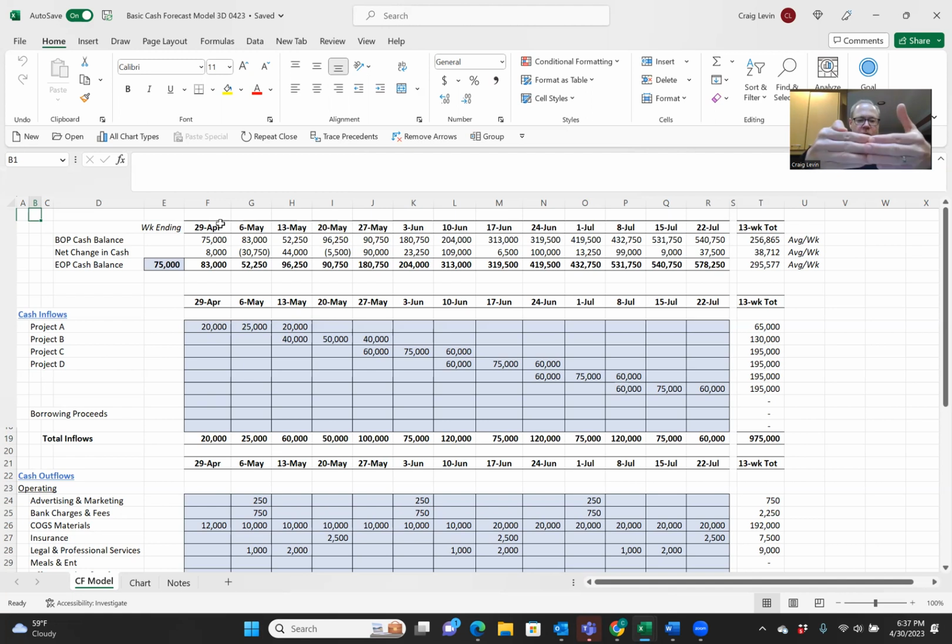Every month or every week that you go out into the future, it gets tougher and tougher to be accurate. This 13-week span is a very popular one because there's a high level of accuracy. And of course, every time we complete a week, we then go and add a week at the end here.